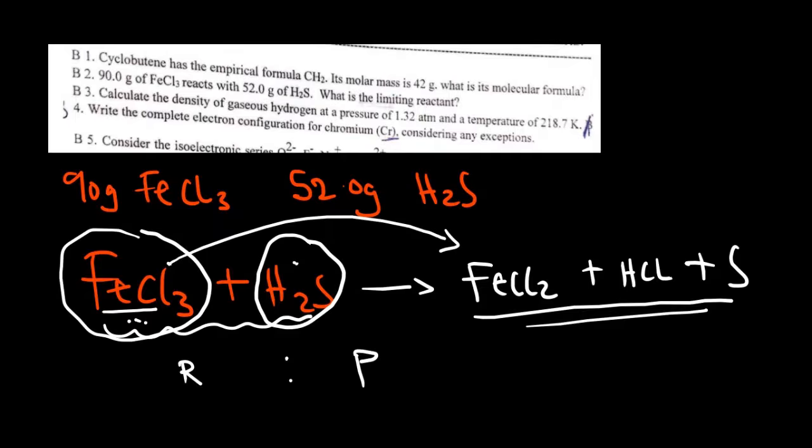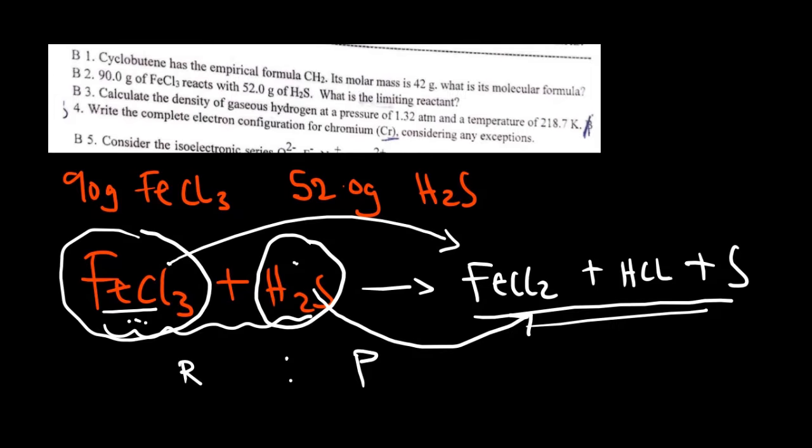I can also use the hydrogen sulfide to find the amount of product that will be produced. Once you get those two amounts, you choose the one that gives us the less product to be the limiting reactant. So that's one way of finding the limiting reactant.